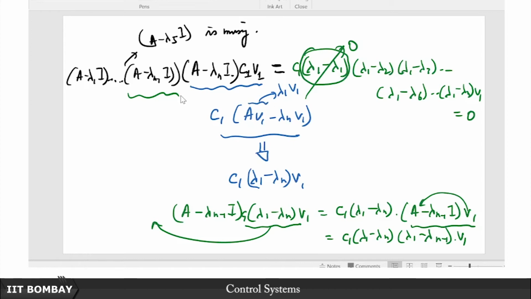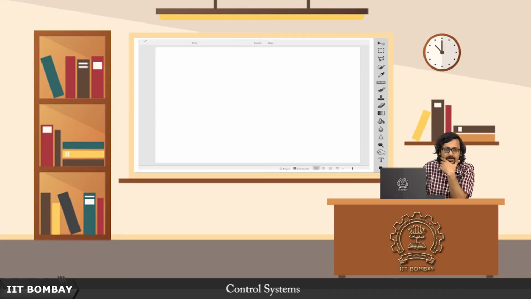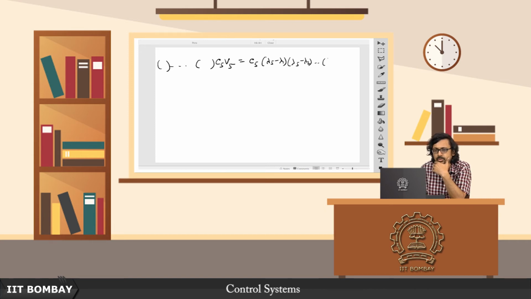Now when you hit C5 V5 on the other hand with the same product of n minus 1 matrices, if you do not see it immediately, I am just writing the result, you can open it up and take it as an exercise, and you will be able to see that this is going to be (lambda 5 minus lambda 1) times (lambda 5 minus lambda 2) and so on till (lambda 5 minus lambda 4), then (lambda 5 minus lambda 6).